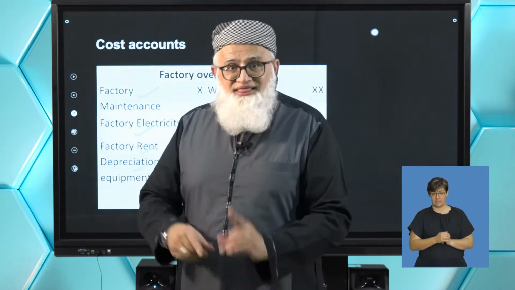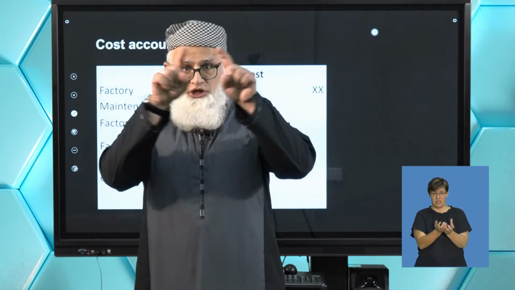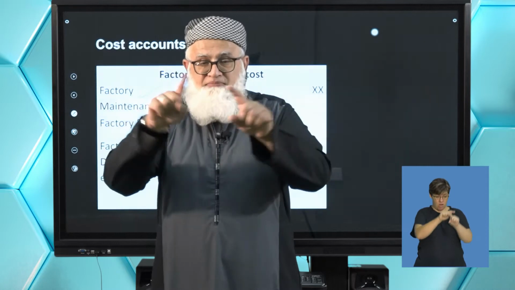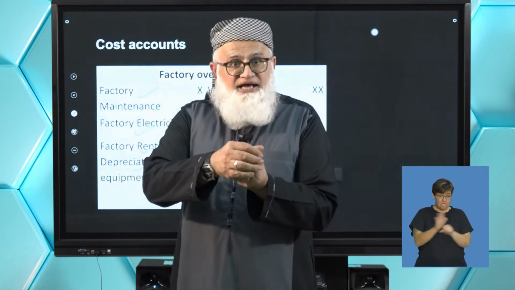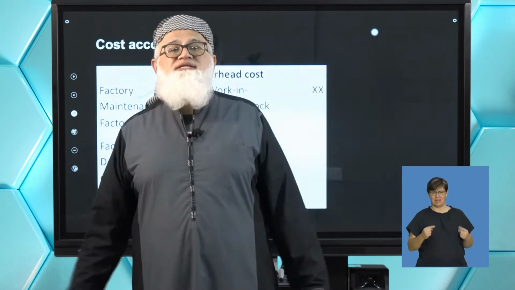And yes, this particular one will involve a lot of calculations. Because remember, just to give you another example, if you are given the total insurance for the premises, so insurance for the entire premises, can you take the entire insurance as is into your factory overheads? Certainly not.